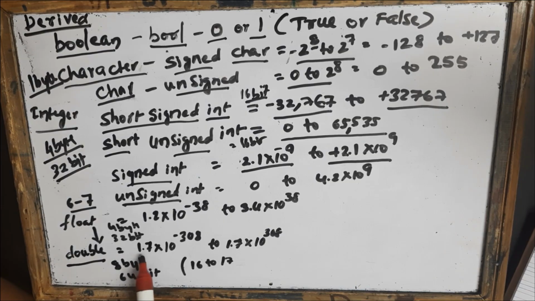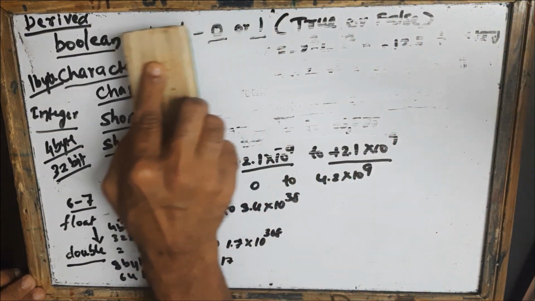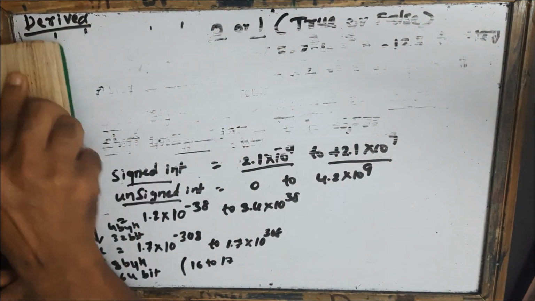The range would be around 1.7 into 10 to the power of -308 to 1.7 into 10 to the power of 308. Now you know the range of all the different data types, derived data types.